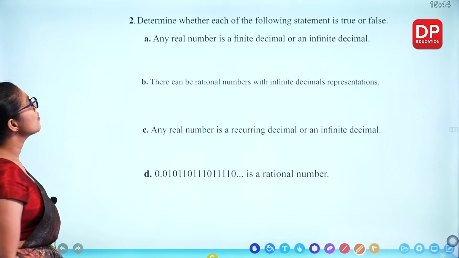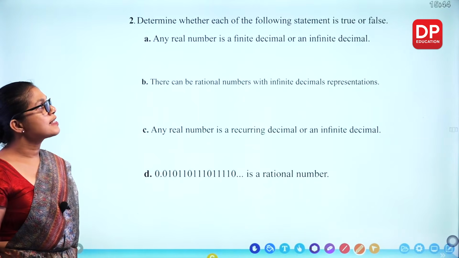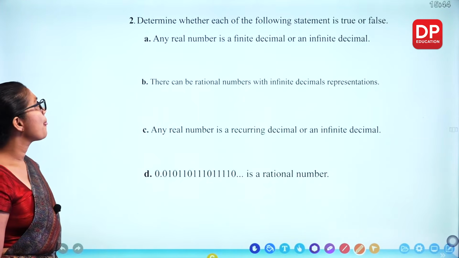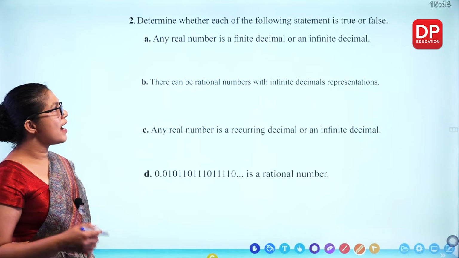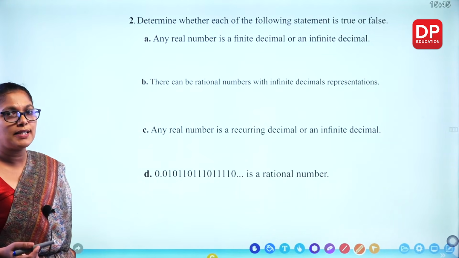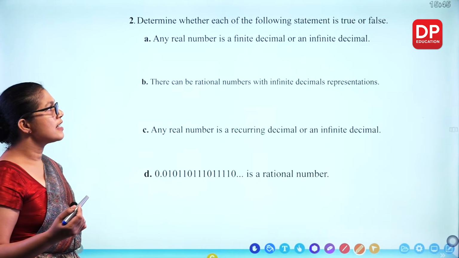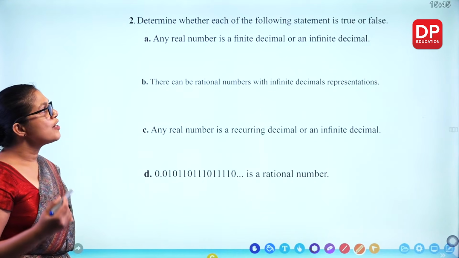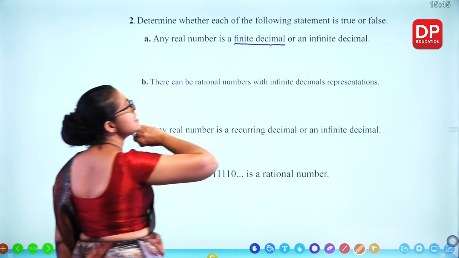Now we'll look at question number 2. It says determine whether each of the following statements is true or false. First one says any real number is a finite decimal or an infinite decimal. So what does infinite decimal mean? There's no end to that. Finite means terminating decimal.